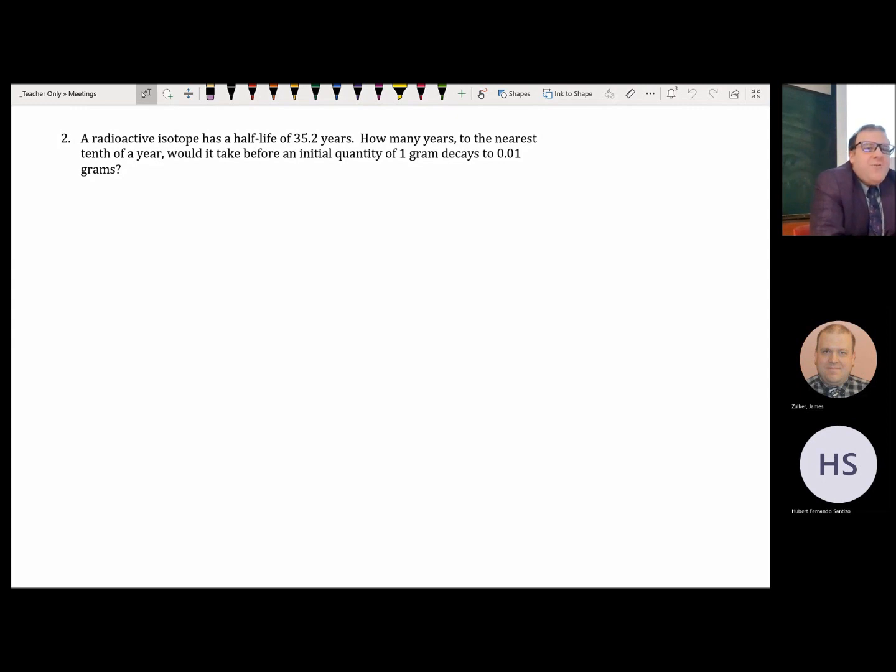Since we're dealing with radioactive decay, this is an exponential decay problem. The actual model for exponential decay is what's called an initial value problem. It's a differential equation.